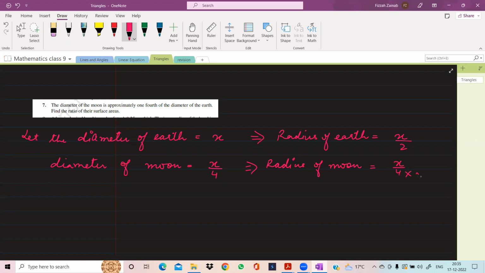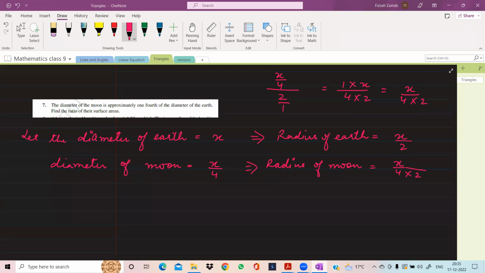So I can write a 2 here. Is that okay? That you can check. See, x upon 4 divided by 2. Understand? So you can make 2 by 1. So it will be 1 into x divided by 4 into 2. So that means you can directly write this 2 here in the denominator. All right. So we have divided it by 2 to get the radius.